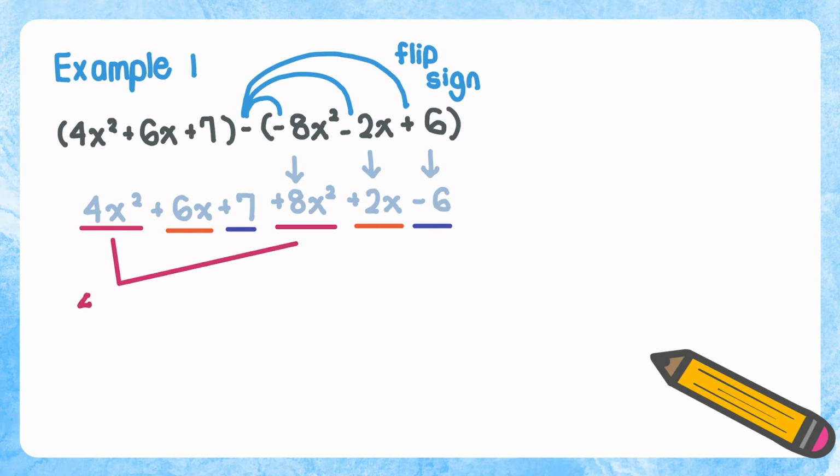4x squared plus 8x squared is going to be 12x squared. So we're combining the two quadratic terms. And then we combine the two linear terms. So 6x plus 2x, that equals 8x.